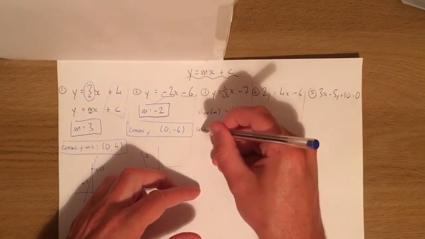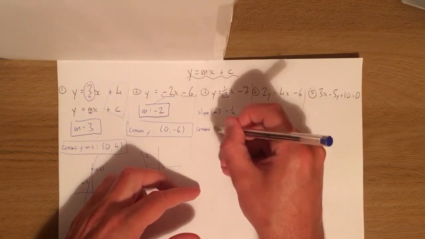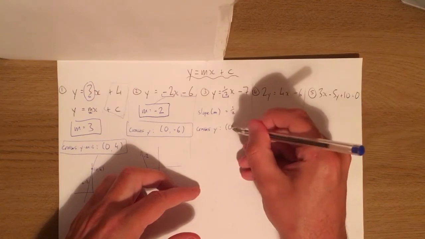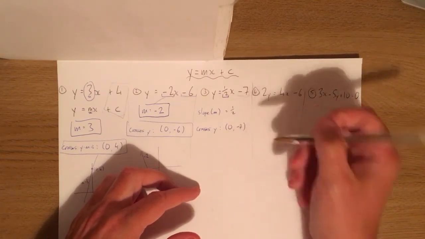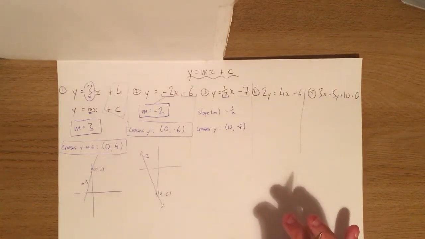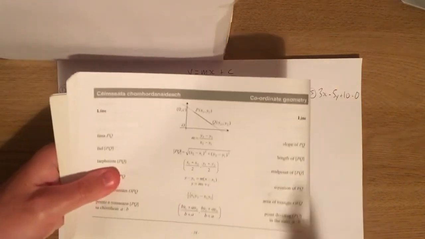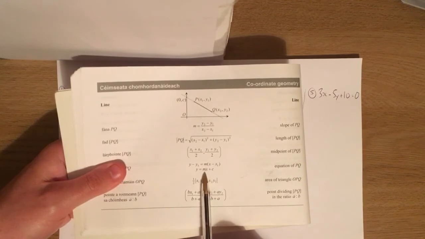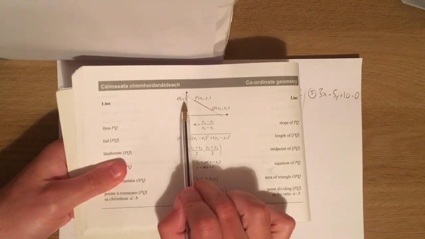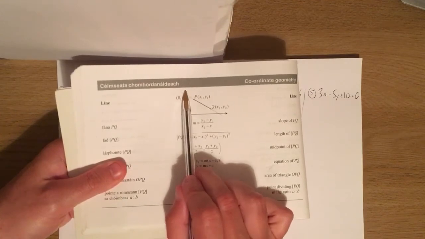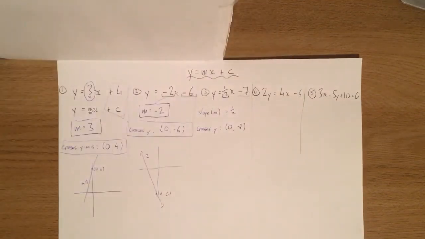And where does it cross the y-axis? It's always 0 something, and it's 0 minus 7 in this case. Okay, so again, y equals mx plus c. M is always slope. C then, there's your little reminder up there, 0c. It's where it crosses the y-axis.